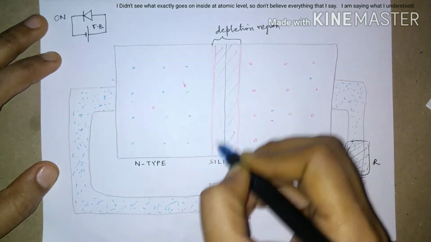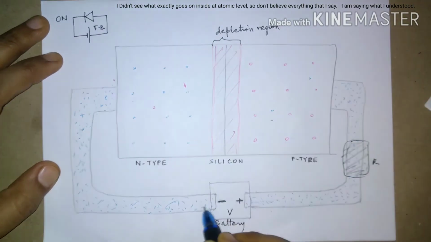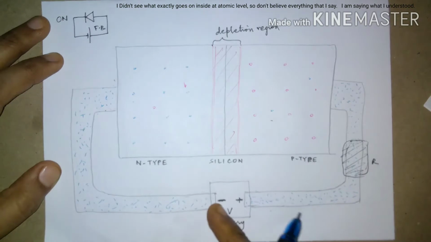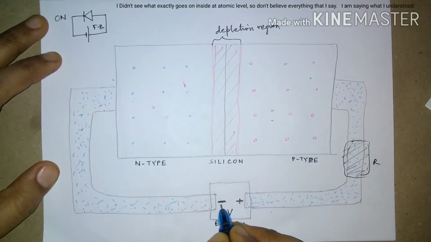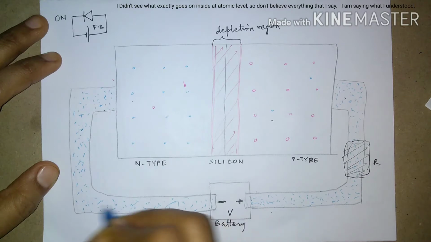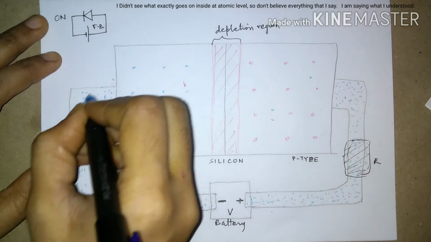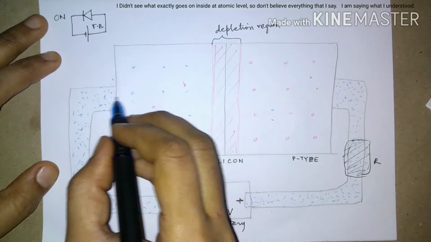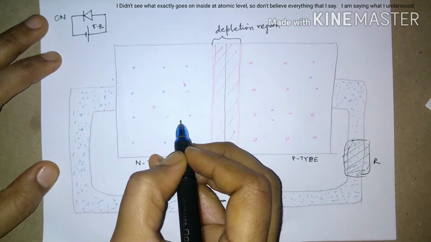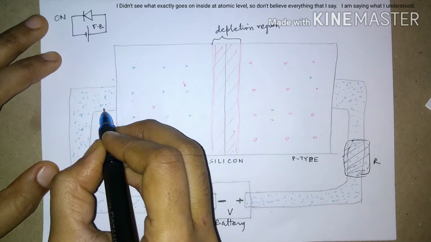Now, this depletion region is acting like a barrier, and all these electrons are getting repelled by this negative terminal. So electrons are moving like houseflies, which are rushing towards this side. Now these are electrons and these are also electrons.